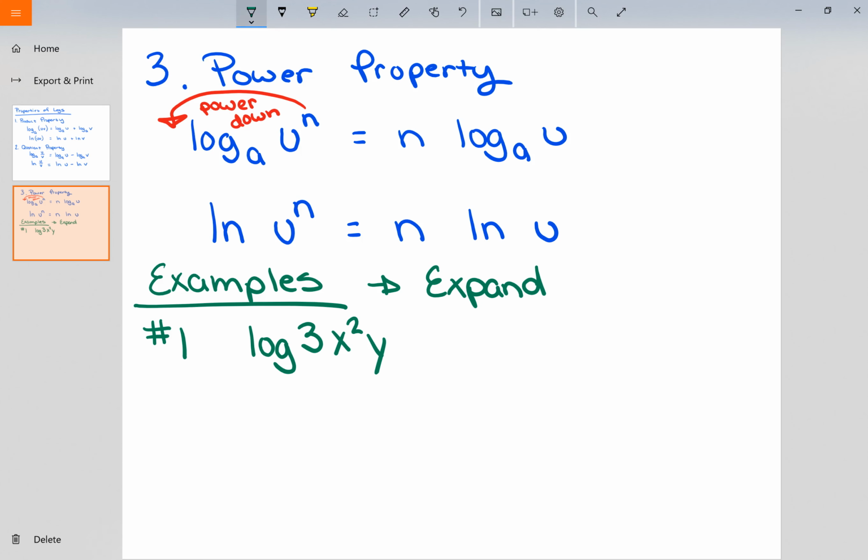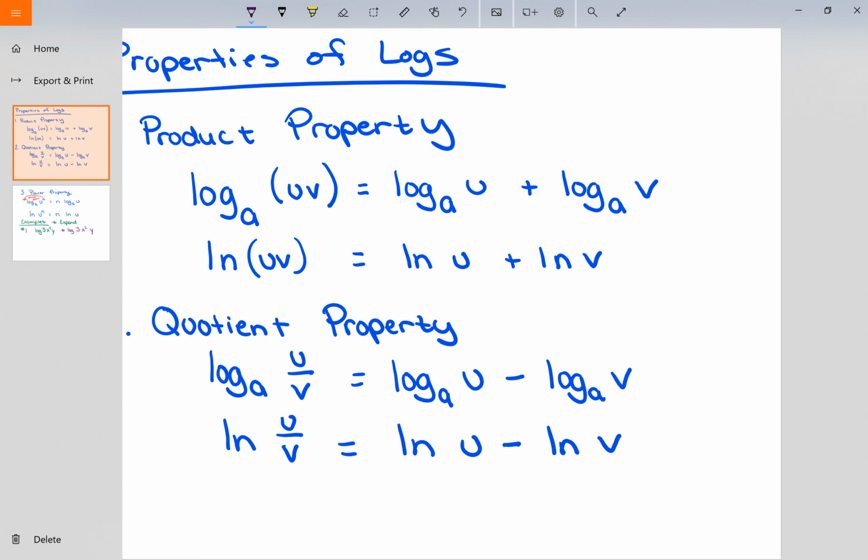I'm going to use a different color so I can show kind of rewriting it, so maybe it would help with understanding what I'm getting ready to do. If you remember from our properties, if they're being multiplied, to expand them, we are going to add.